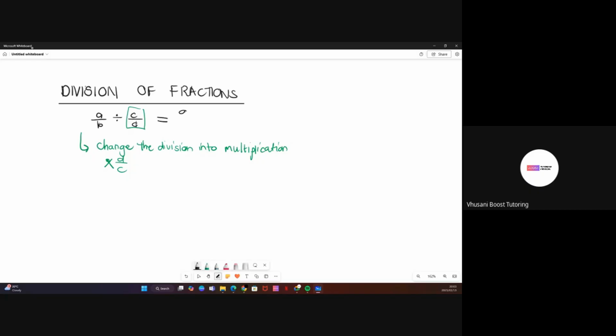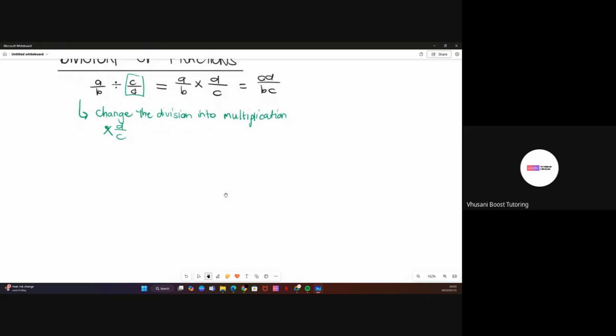This would be equals to A divided by B times D divided by C, all right? So that's the only extra step that you need to do. You just need to change the division to multiplication and swap the two around, right? And then after that, you can see it's the same thing. You just multiply the numerator with the numerator and the denominator with the denominator, right? That's always going to be the case, guys.